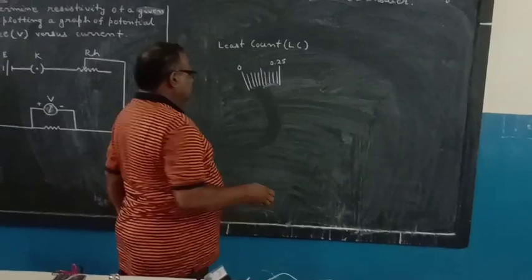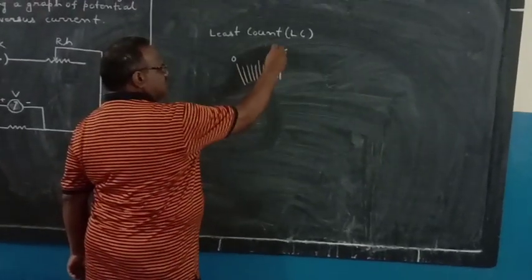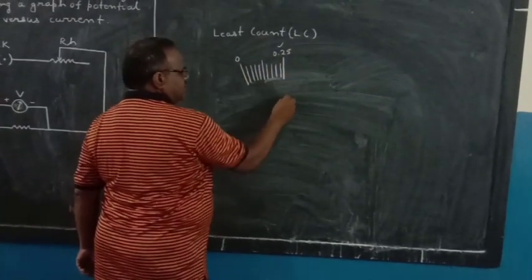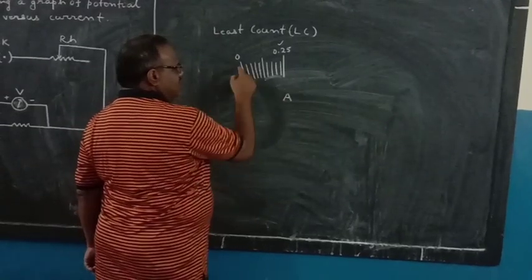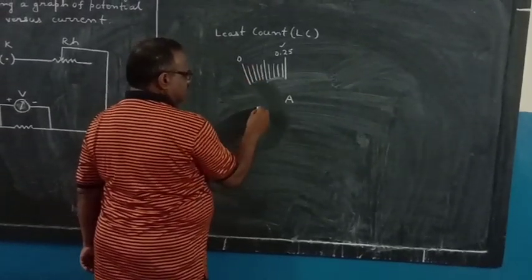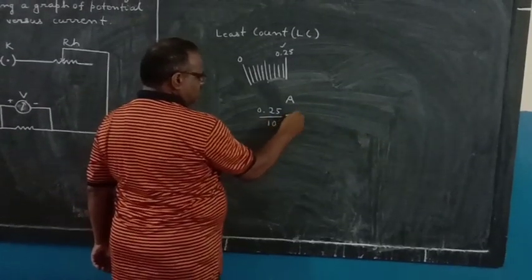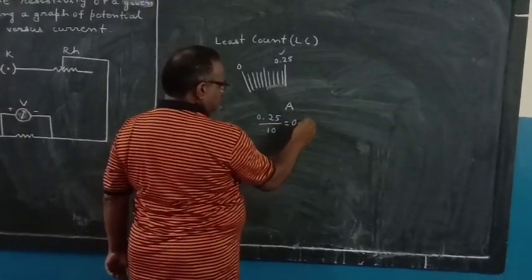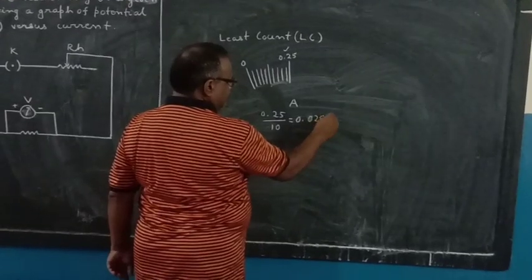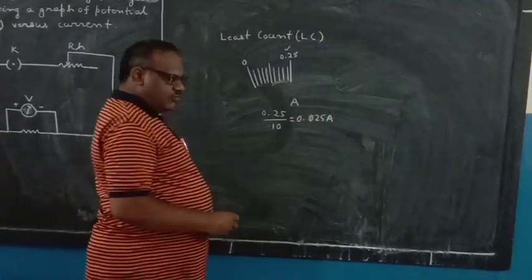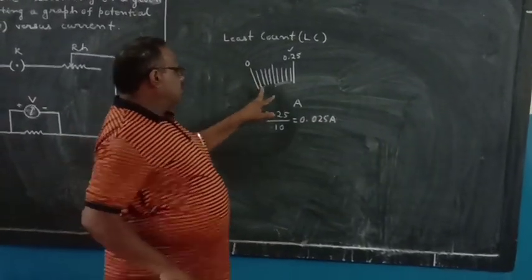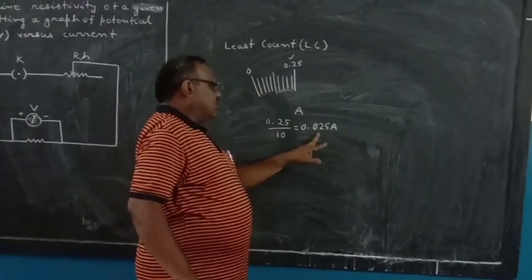So these 10 divisions correspond to 0.25 ampere. So 1 division corresponds to 0.25 divided by 10, so it is 0.025 ampere. So the least count of the instrument is this much.